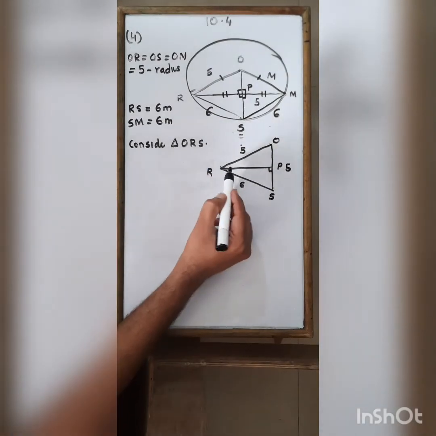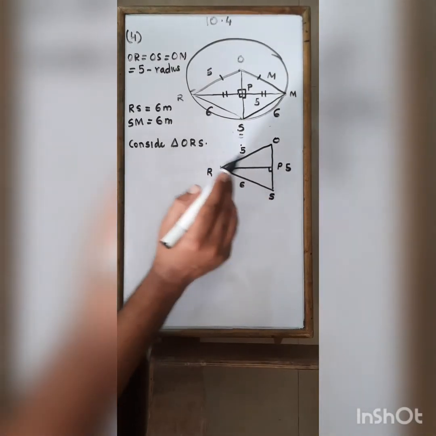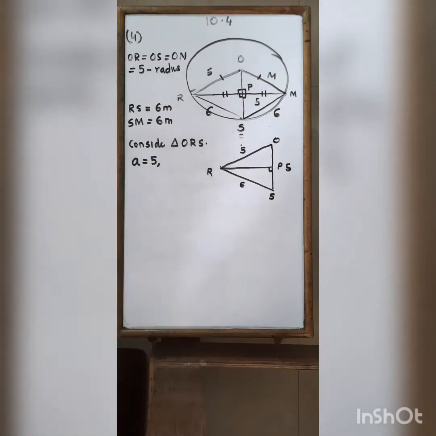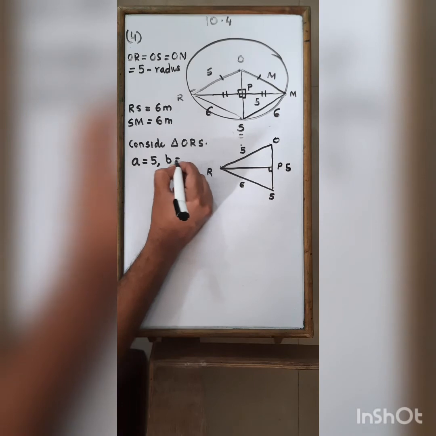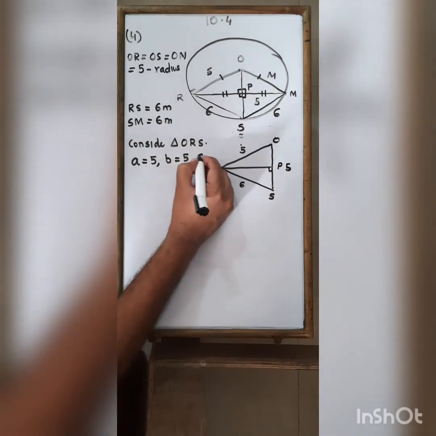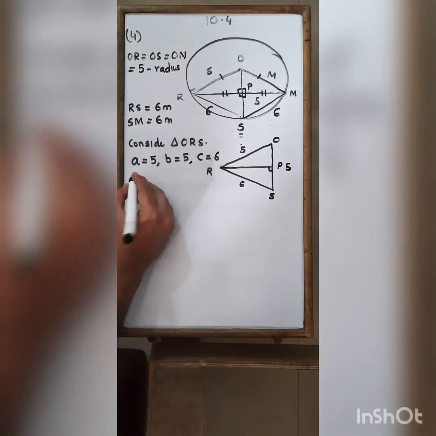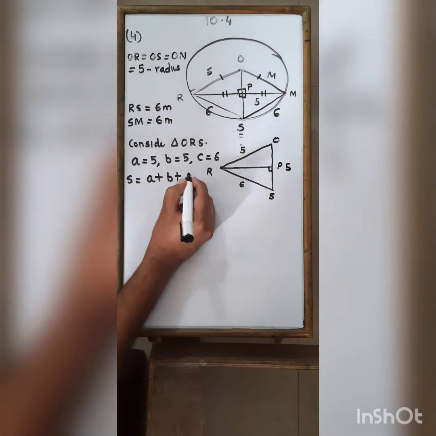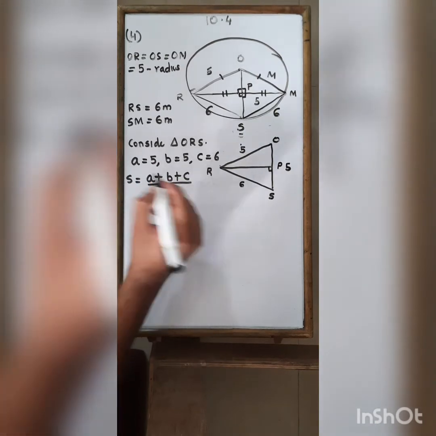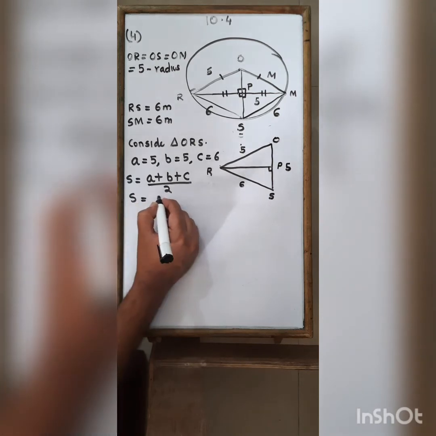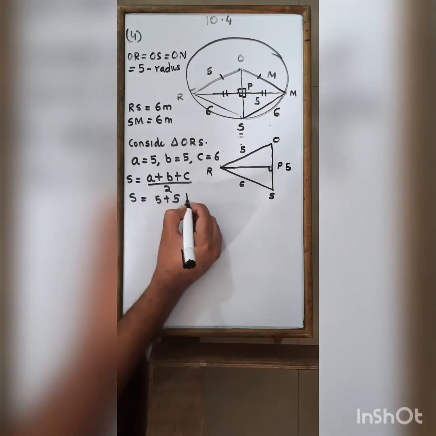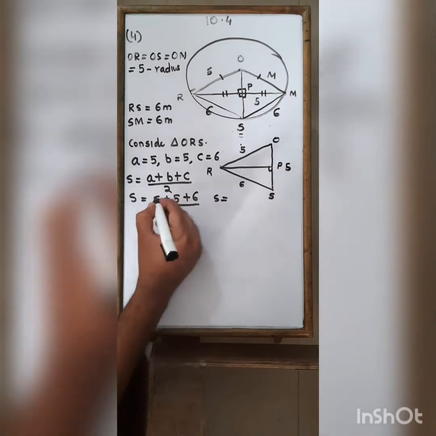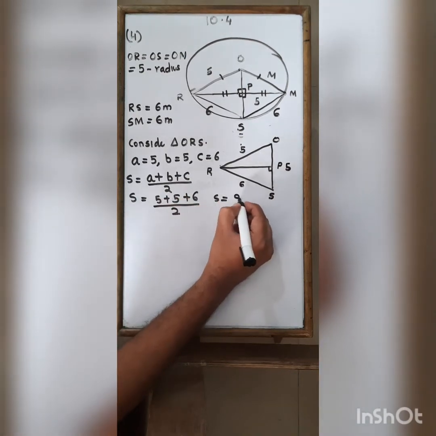Now I am going to use Heron's formula to find the area of the triangle. So what is A? A is equal to 5. B is equal to 5. And C is equal to 6. So what will be S? S will be equal to A plus B plus C upon 2. It is 5 plus 5 plus 6 upon 2, which is 16 upon 2, so S is 8.